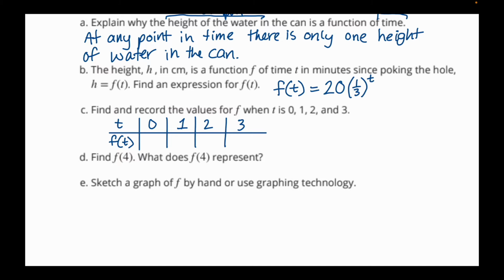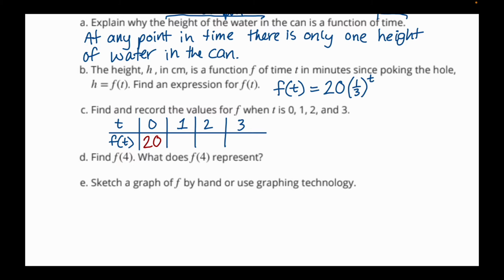So at 0, and you can double check this by plugging in 0 for t, our function value should always be our initial value or the number in front of our growth factor. So I'm going to use 20.